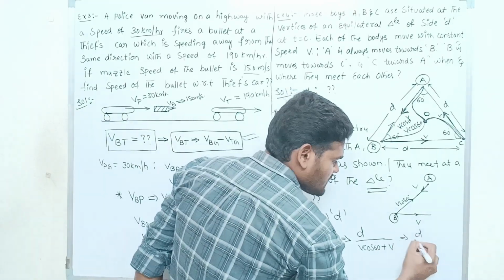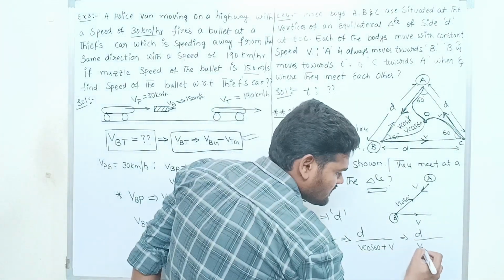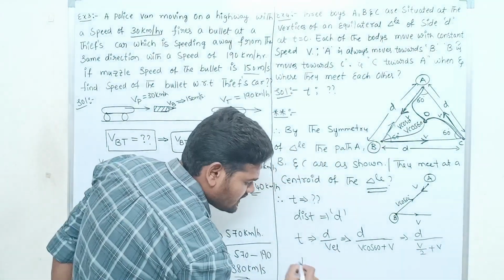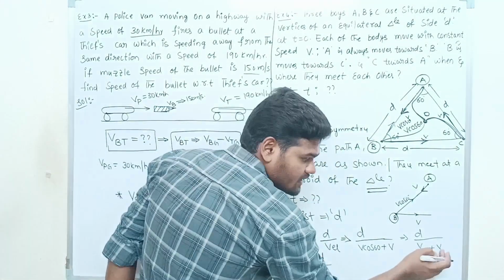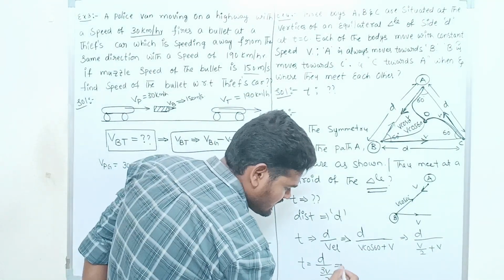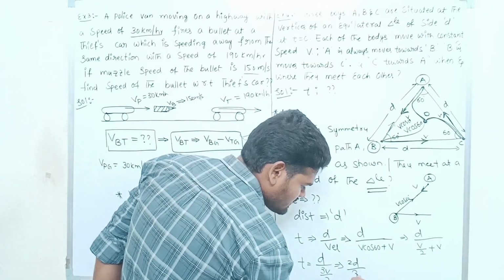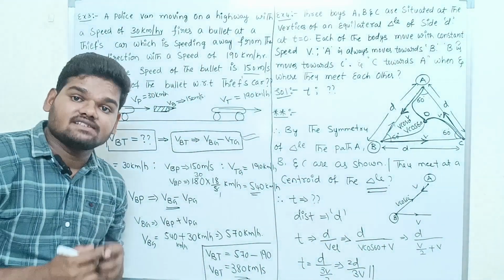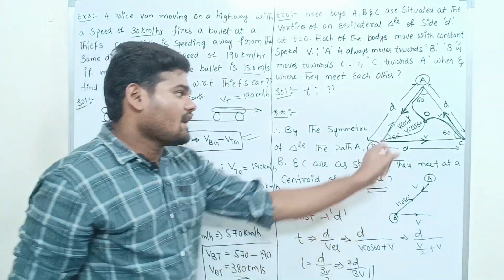So that is d by (v cos 60 plus v). The value of cos 60 is 1 by 2, so t is equal to d by (v/2 plus v), which is d by 3v/2, that is equal to 2d by 3v. 2d by 3v is the time taken by the persons to meet each other at the centroid.